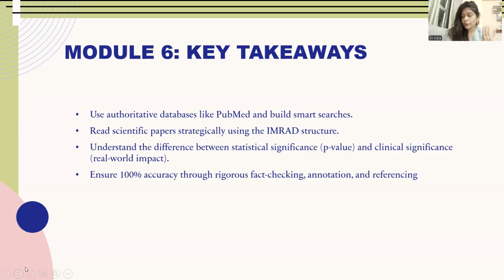Now, a value which is statistically significant may not be clinically significant, and do ensure that whatever facts are going from your end are supported scientifically and appropriately referenced and documented.